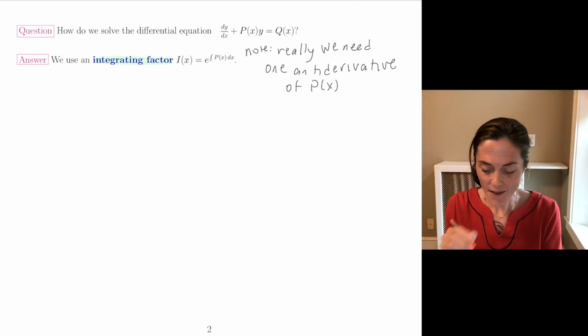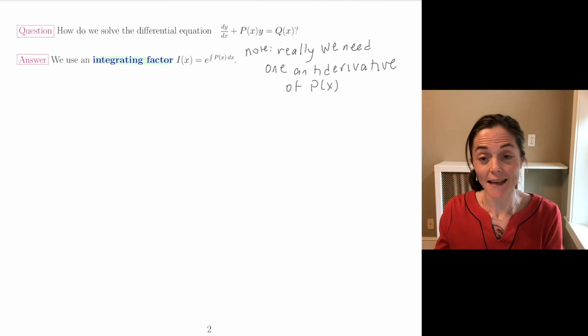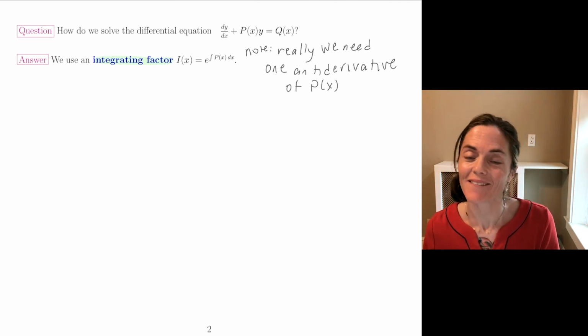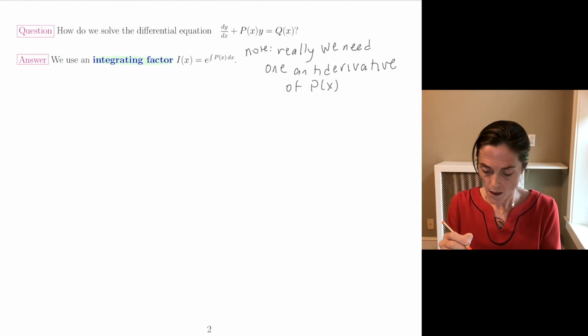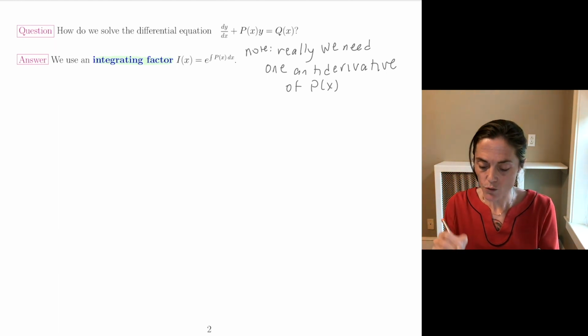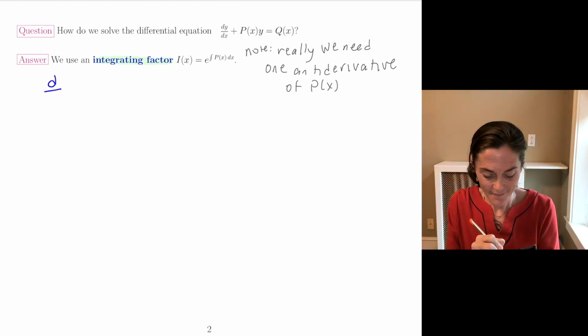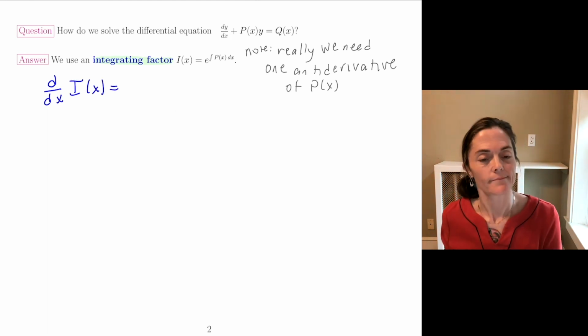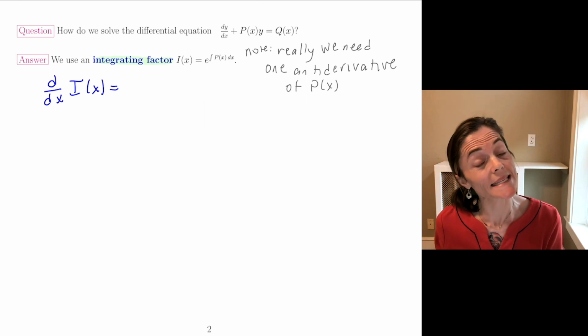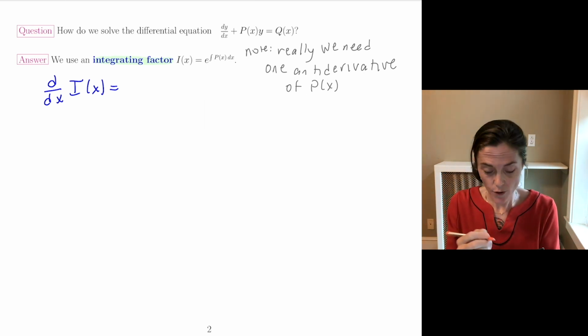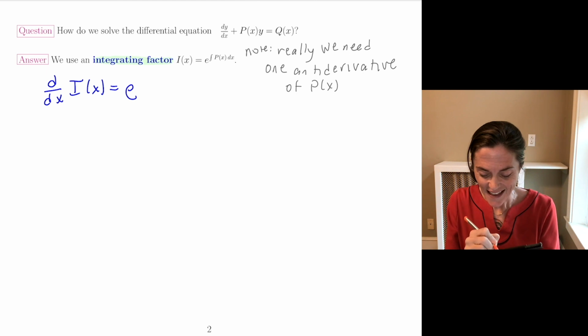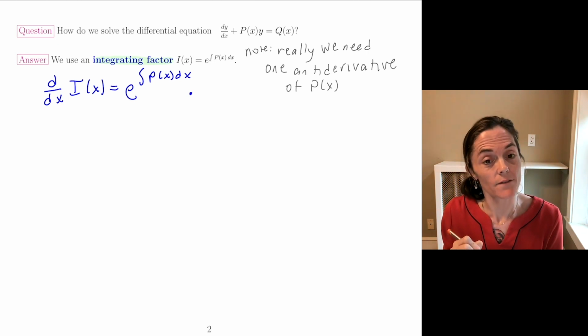So the other thing that I'll point out before I get into product rule, which is coming very soon, is what do you notice about the derivative of I of x? This integrating factor, well, it is chain rule. We take derivative of the outside, evaluate it at the inside, and then times derivative of the inside function.